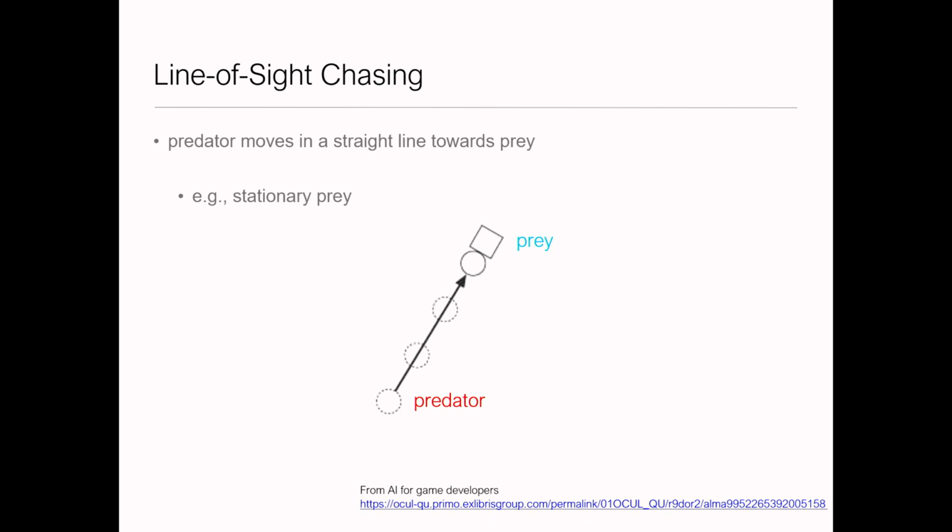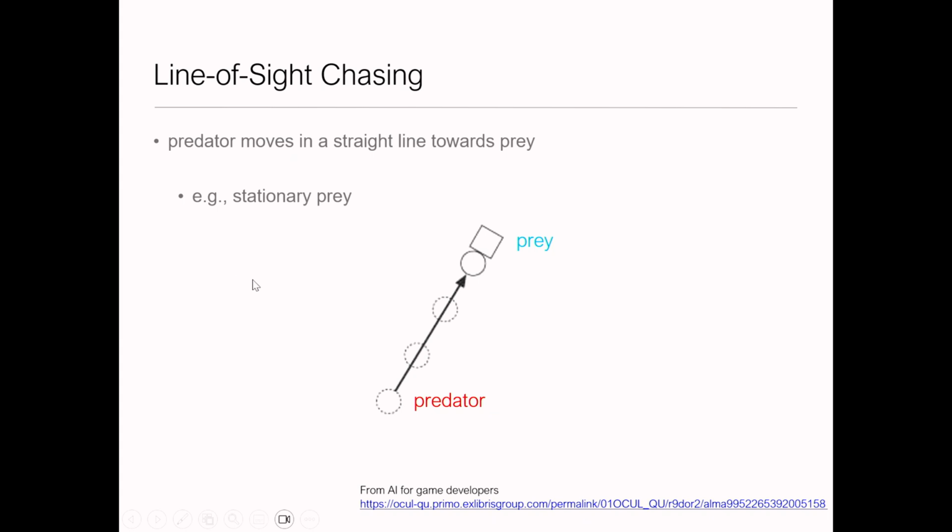Pretty straightforward. If you want something a little more natural looking, you might consider something like line of sight chasing. This is a picture of, again, stationary prey. There's your predator. The idea is that you compute the line, or the ray, from the predator to the prey, and that's the direction that the predator is going to take to chase down its prey.